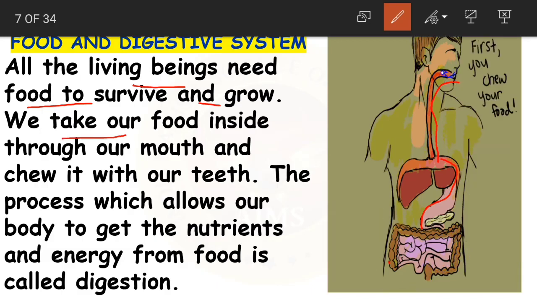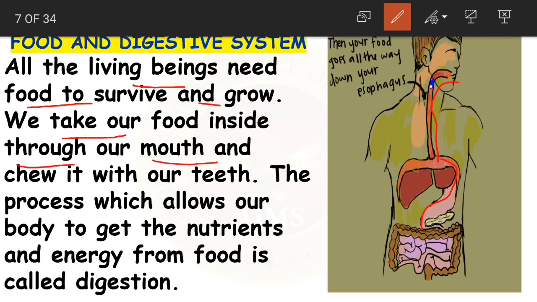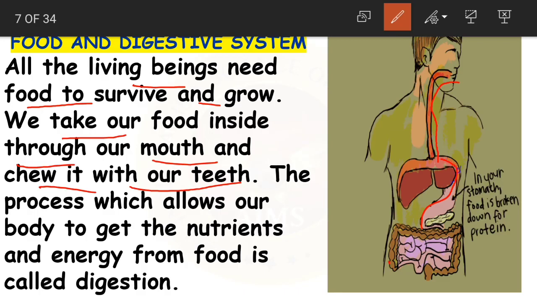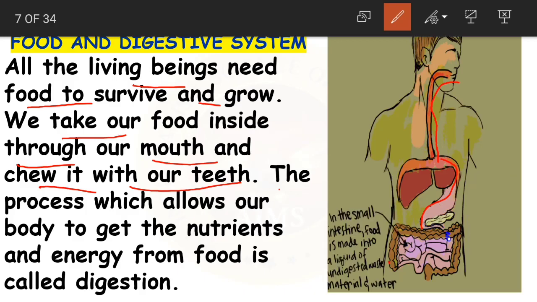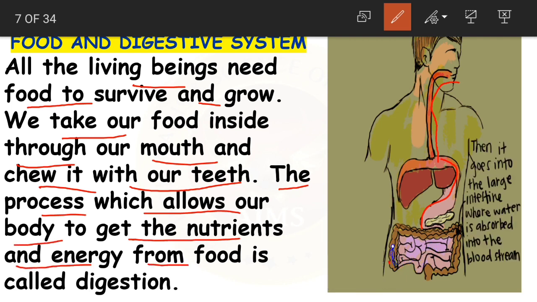And we take our food inside through our mouth and chew it with our teeth. So how do we take food? Through our mouth. And how do we chew it? With our teeth. And the process which allows our body to get the nutrients and energy from food is called digestion. So what is digestion, children?